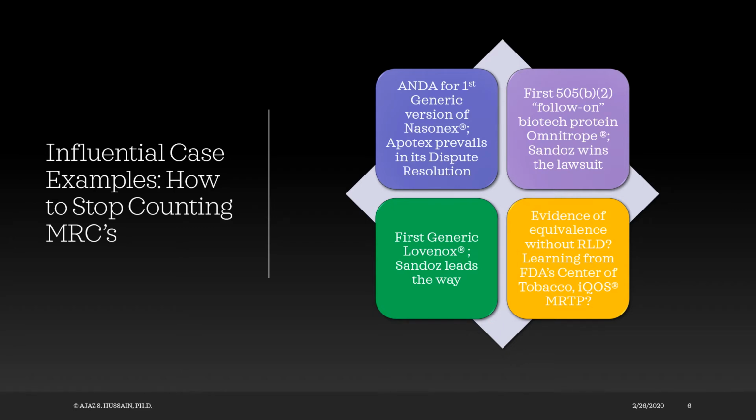The first 505(b)(2) approval of a follow-on biotech protein was for human growth hormone, Sandoz's Omnitrope. The evidence architecture here emerged as comparability plus a clinical study to justify approval of all indications, not just the indications upon which the clinical trial was done.